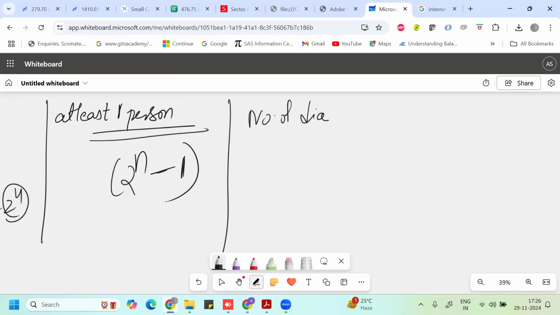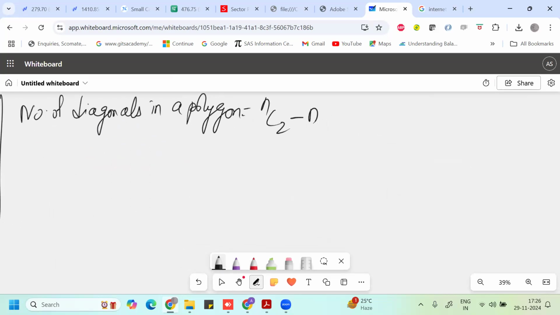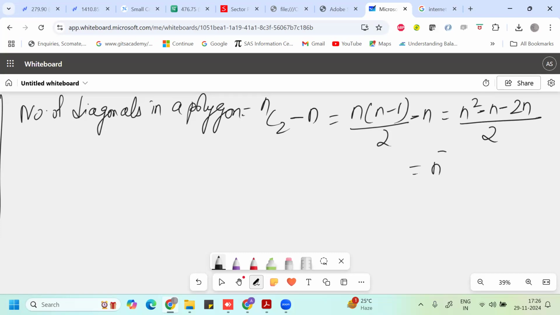The shortcut formula: remember nC2 minus n. You can write nC2 as n into (n minus 1) by 2, minus n. The direct formula is (n square minus n minus 2n) by 2, that is (n square minus 3n) by 2. This is the direct formula. Just learn this formula by heart.